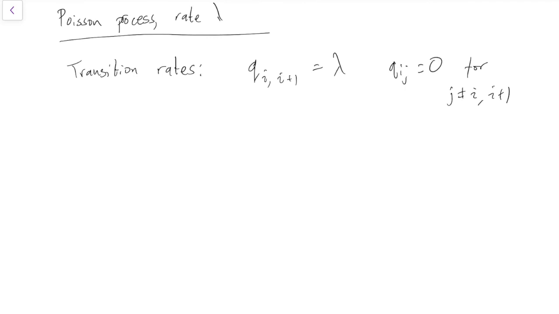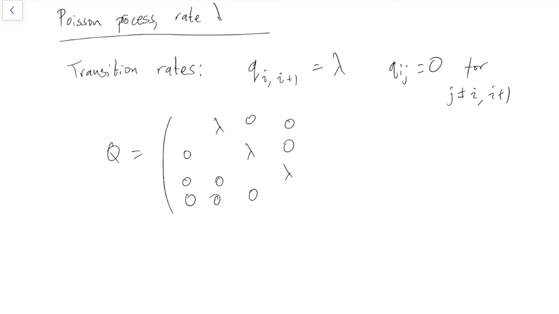So the generator matrix for that is, well, i plus 1 is just above the diagonal, right? So just above the diagonal, we have lambda, lambda, lambda going down. And everywhere else we have 0s, lots of 0s.